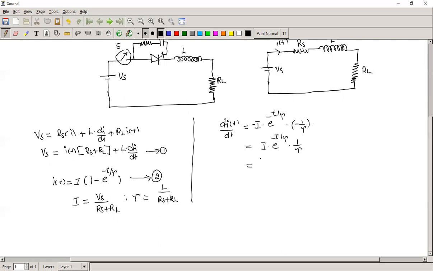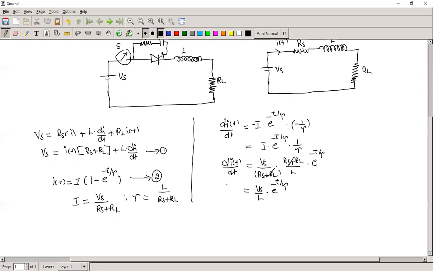Now if you substitute the value of I, which we already know is Vs by (Rs plus RL), into 1 by tau, which is (Rs plus RL) by L, this gets cancelled, into e to the power of minus t by tau. This is di(t)/dt. Now it is equal to Vs by L into e to the power of minus t by tau.